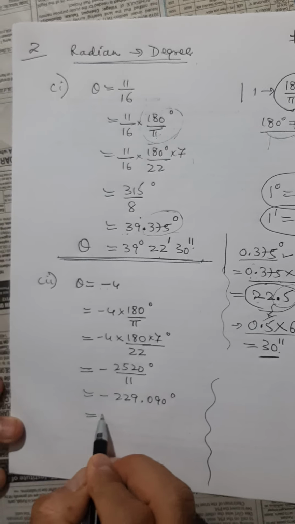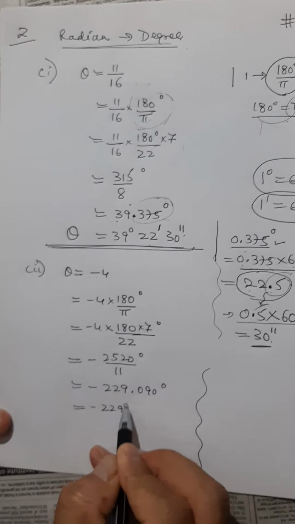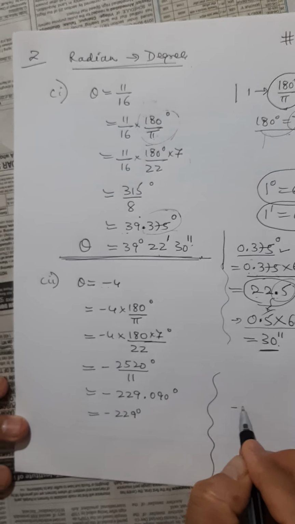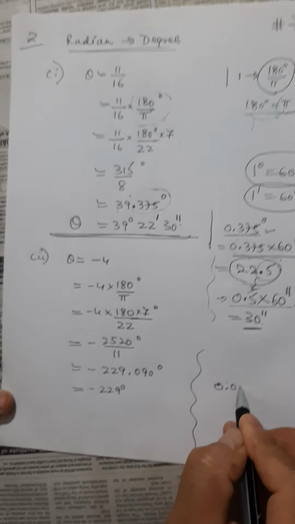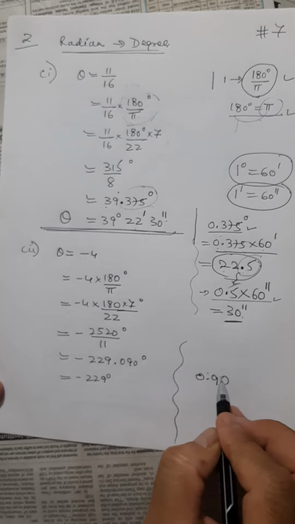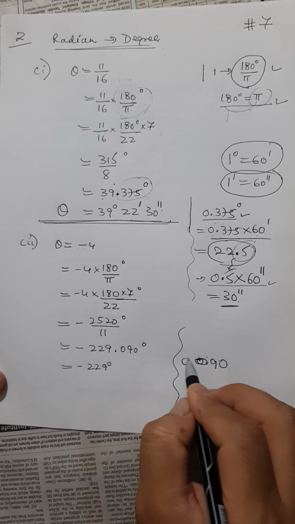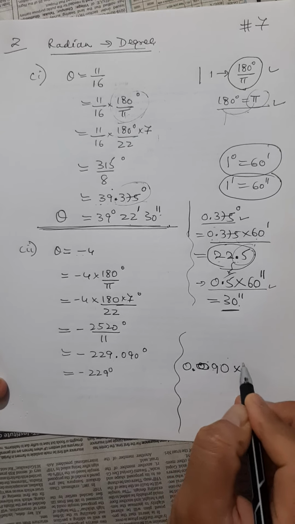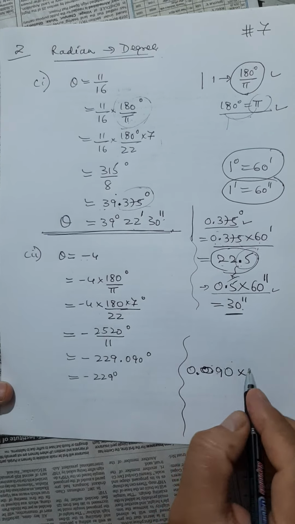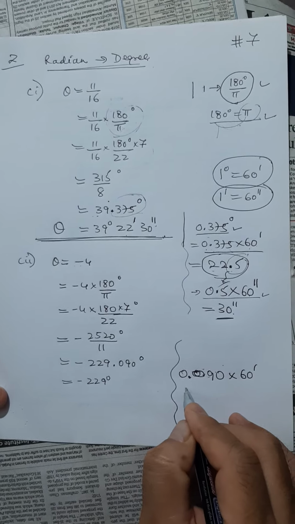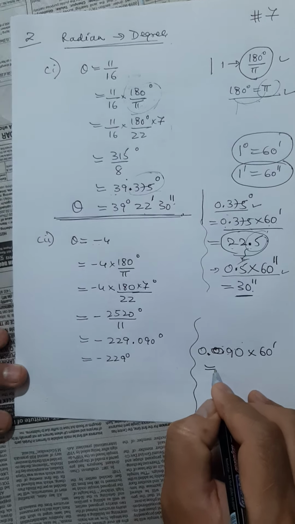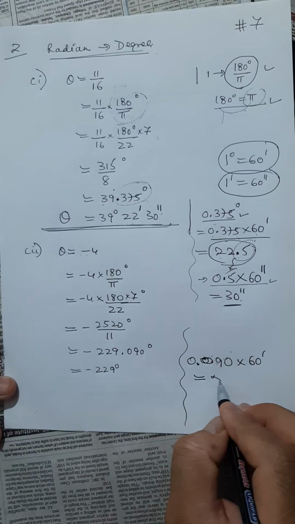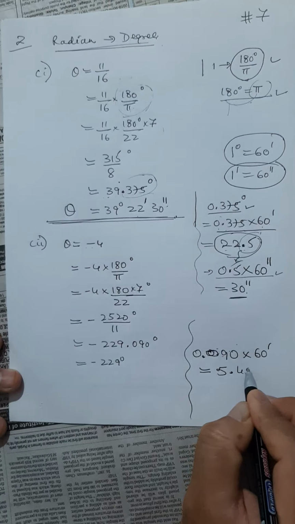So you have minus 229 degree, 0.090 multiplied. This is in degree. I want to convert into minutes, so I'll write into 60. So you will get here 5.45, roughly.